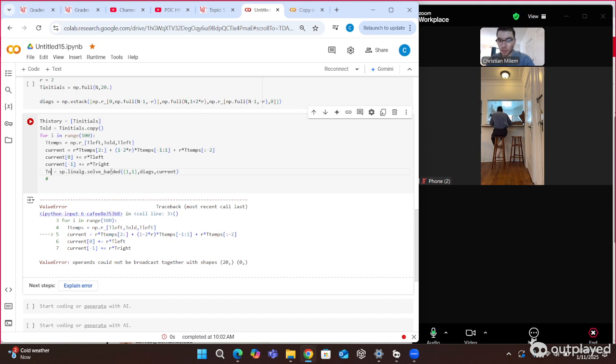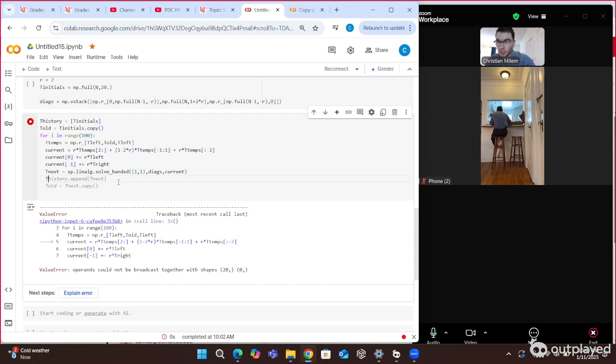And then this should be called t next. So then t history append t next, and then t old equals t. I apologize for the auto-generate. I legitimately do not know how to turn that off.